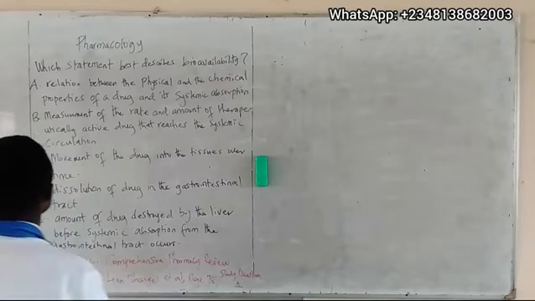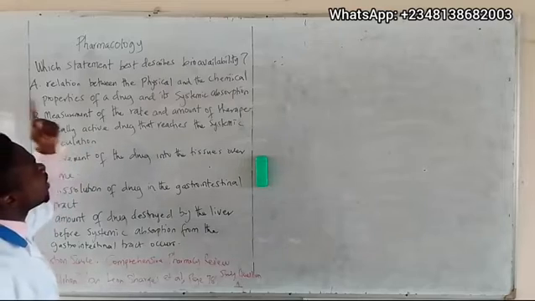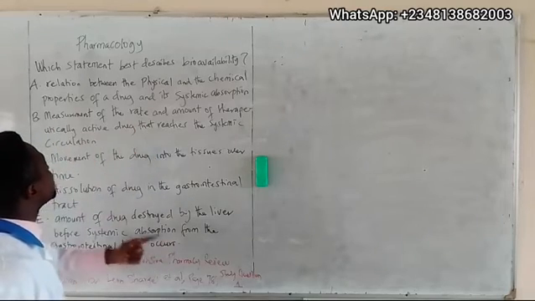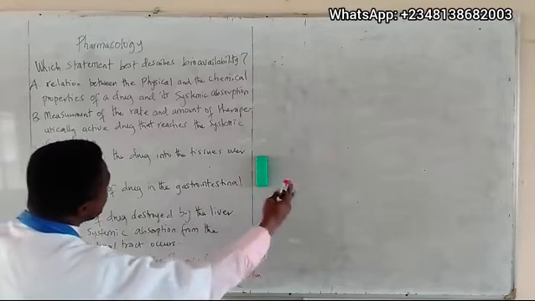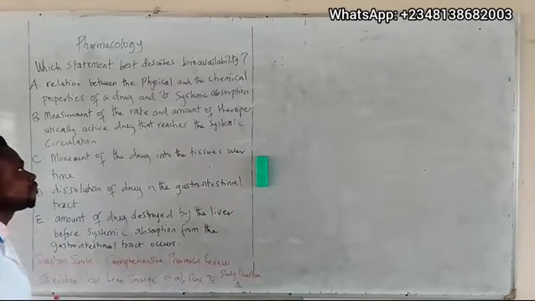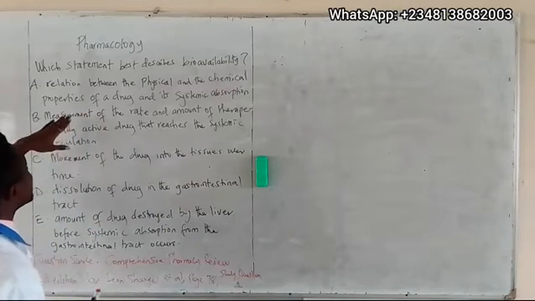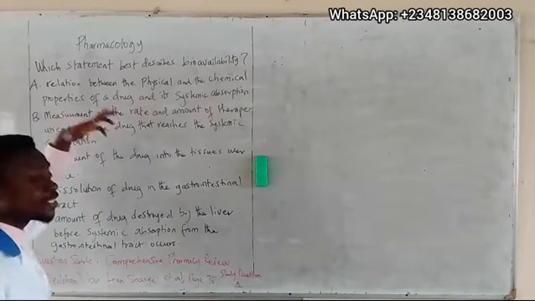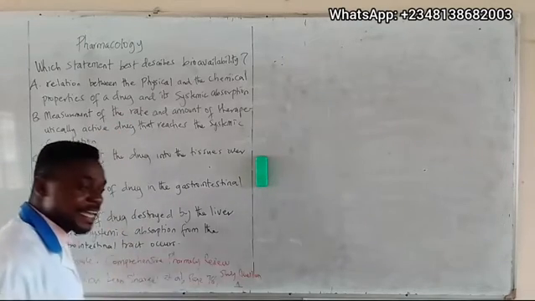Alright, let's go. Option A says relation between the physical and the chemical properties of a drug and its systemic absorption. This is not the answer. Actually, option A is talking about biopharmaceutics.